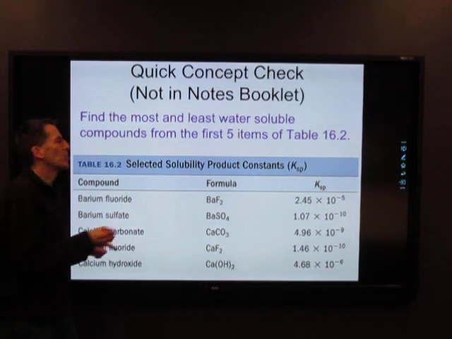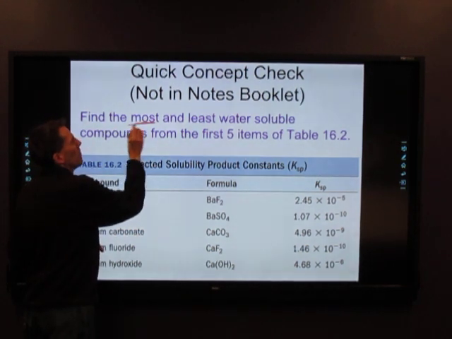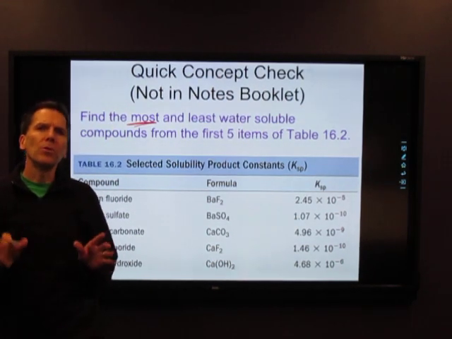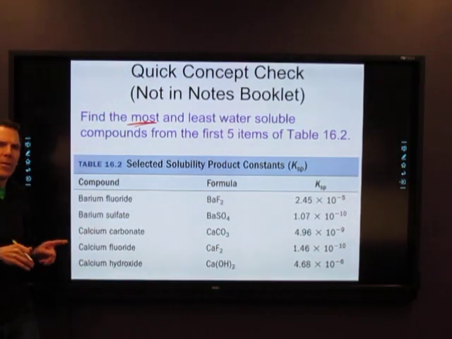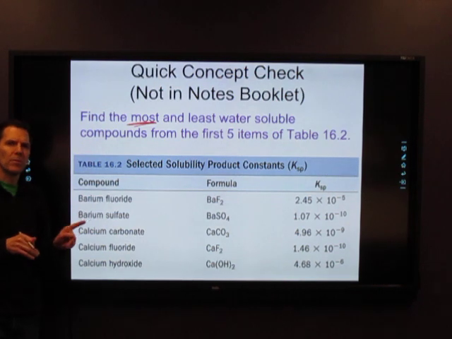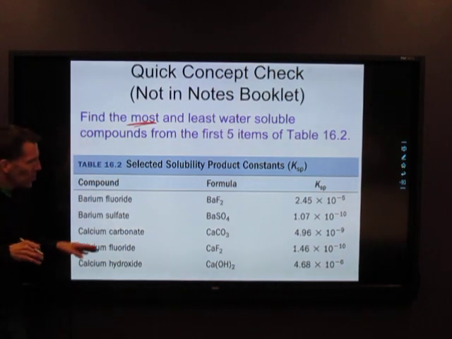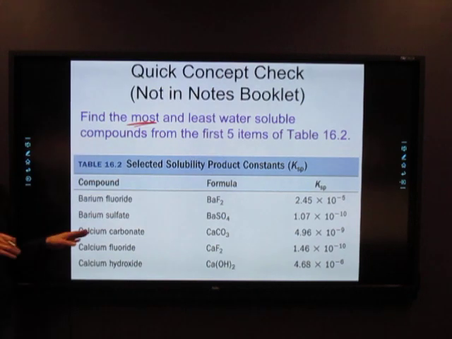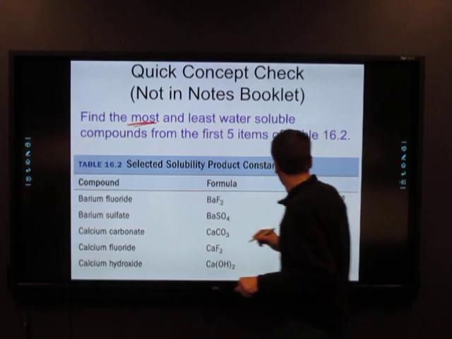So the most soluble compound, in a way that's analogous to strong acids, will be the value that is the greatest, highest from the list. So the most soluble compound from the list up there is the barium fluoride.